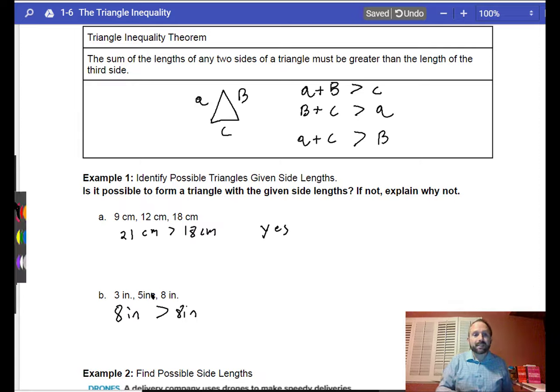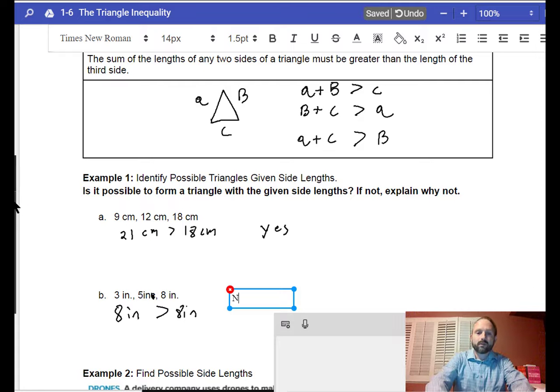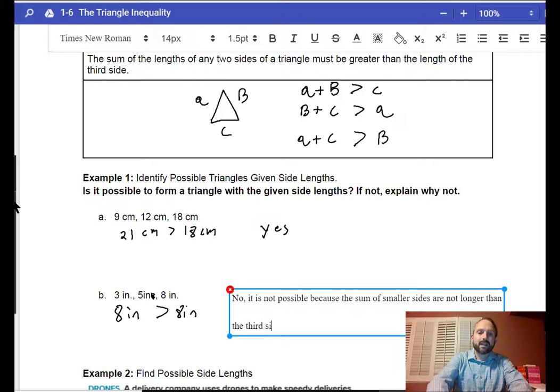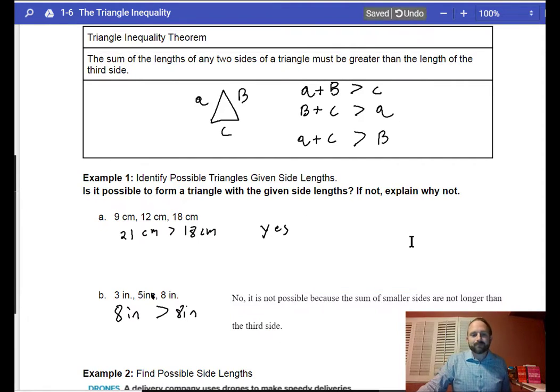So on this one, I would state no. It is not possible because the sum of the smaller sides is not longer than the third side. That's it. All right, let's go on.